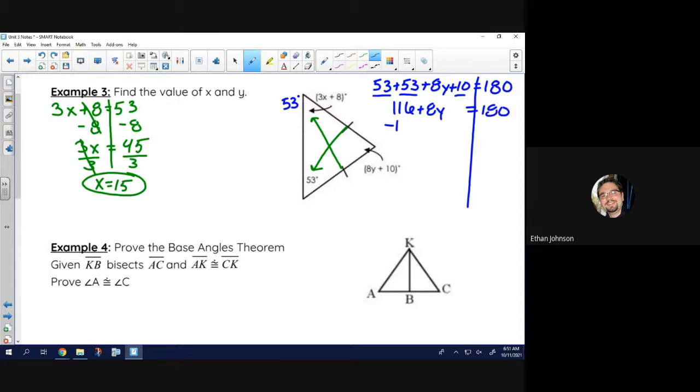Subtract 116 from both sides. 8y equals 64. Divide both sides by 8. Y equals 8.